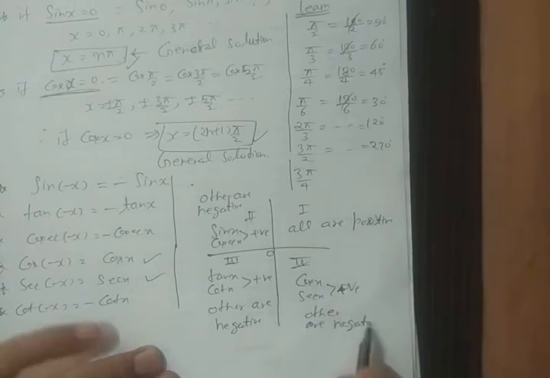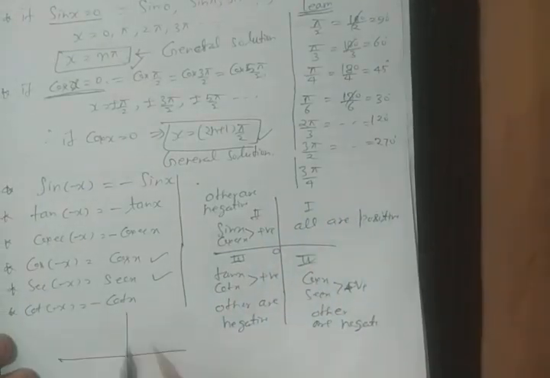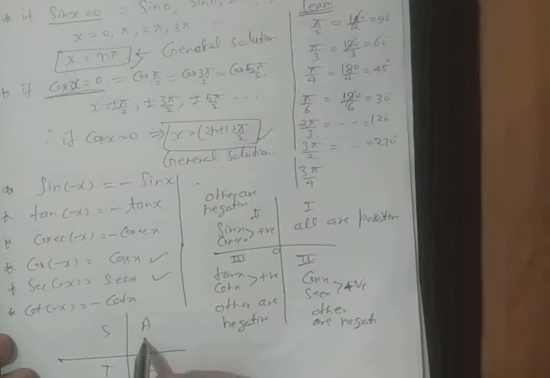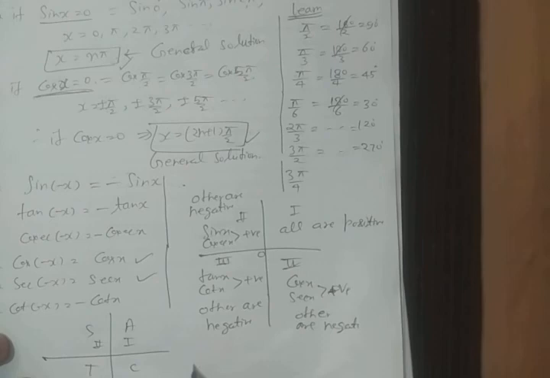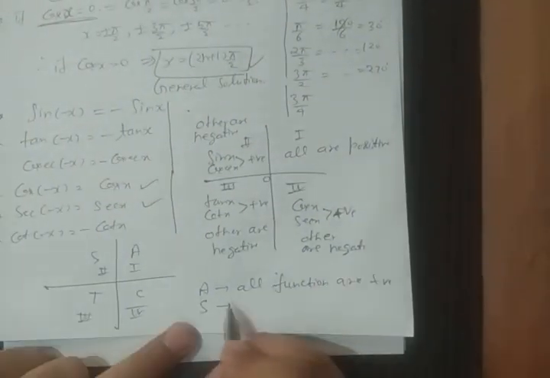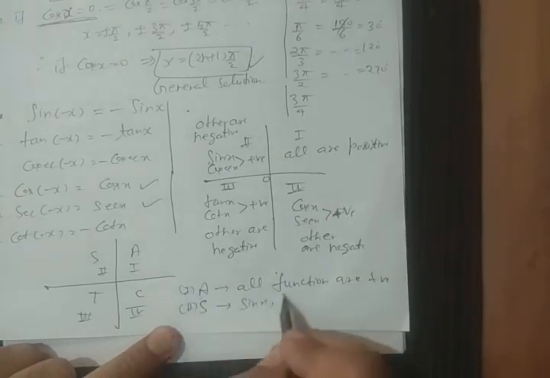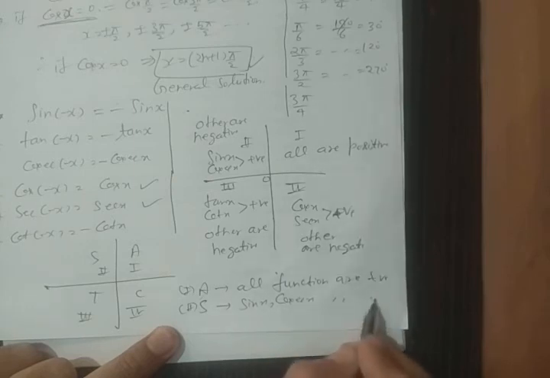So we can learn it as the sign of ASTC: first quadrant, second quadrant, third quadrant, fourth quadrant. A means all functions are positive. In second quadrant, that is S, sin x and cosec x are positive, others are negative.